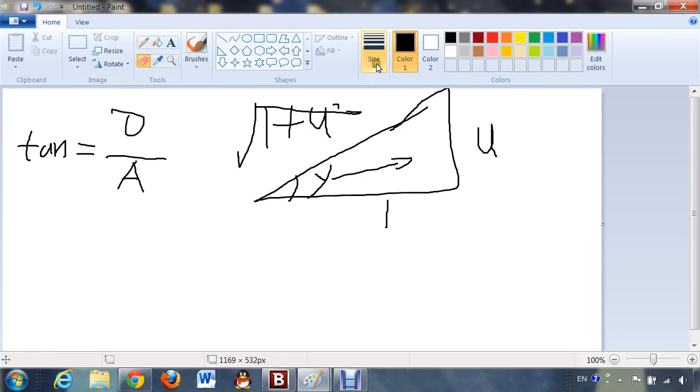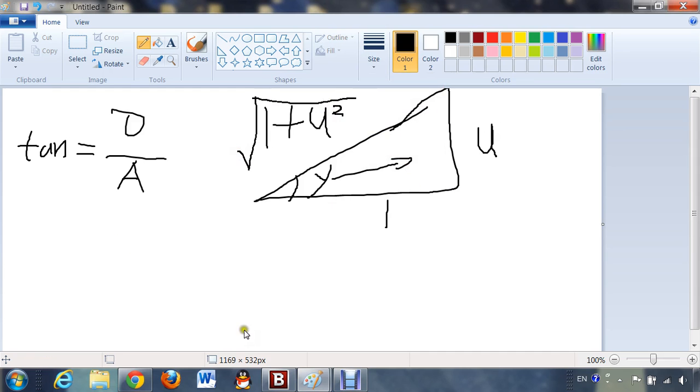I'm going to rewrite that because it looks really bad right here. Okay, so now we figured out the hypotenuse and the opposite and adjacent sides.